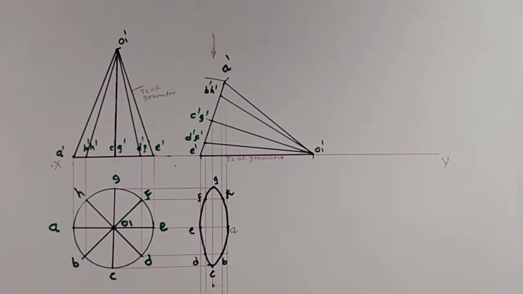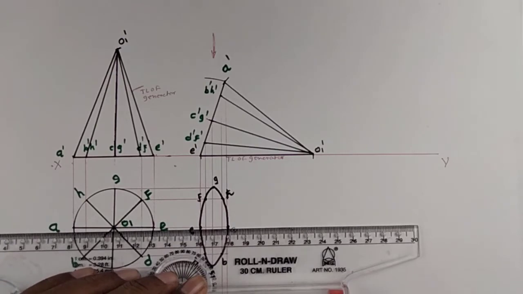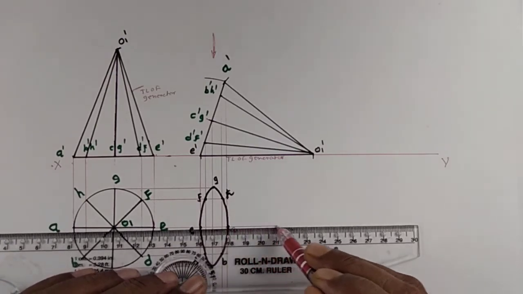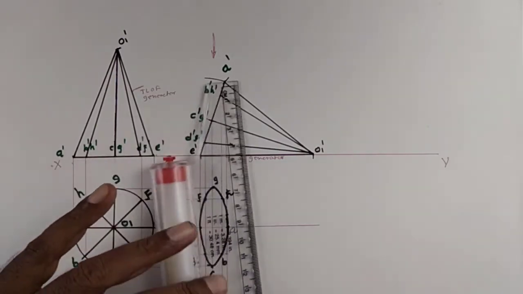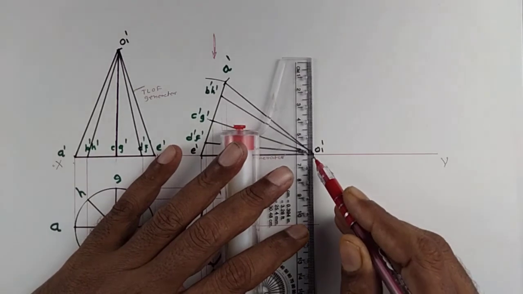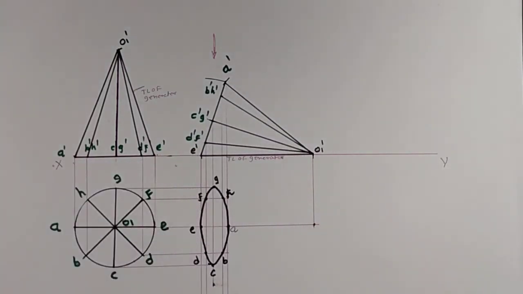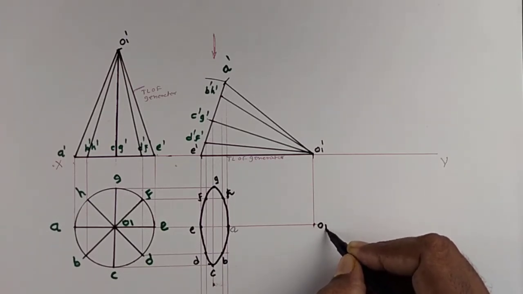Now we can project our apex. I take the horizontal projection from the previous plan and the vertical projection from the elevation. The intersection point is our plan point of apex O1.